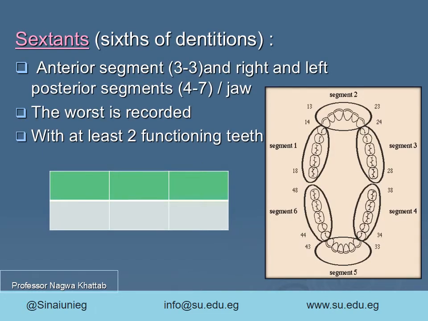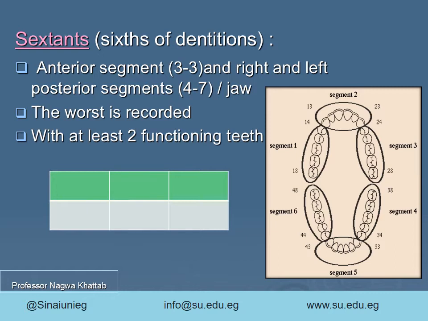Sextant, as we said before in the simplified oral hygiene index, I will divide the mouth into 6 segments. It's called sextant, sixths of dentition. 3 for the upper and 3 for the lower: upper anterior, right posterior, left posterior, and the same for the lower.